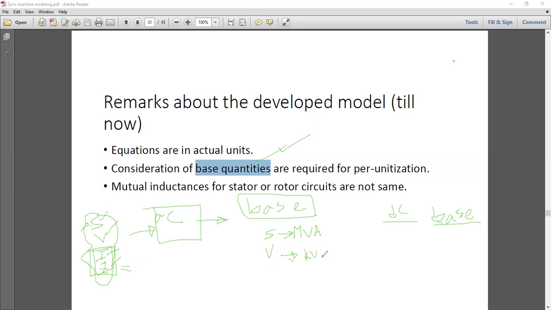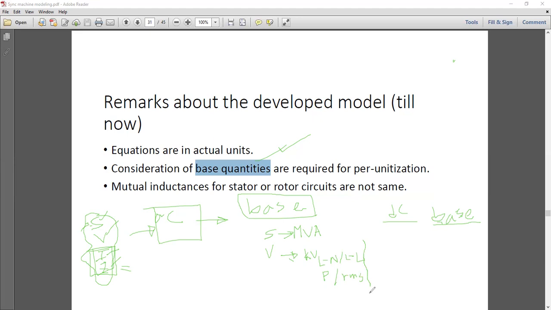kV, V, or MV, it doesn't matter. It's not a big deal, but the changes do carry through the conversion. It depends on whether you are taking the line to line quantities for the voltage or the line to neutral quantity for the voltage, and whether you go for peak or RMS.